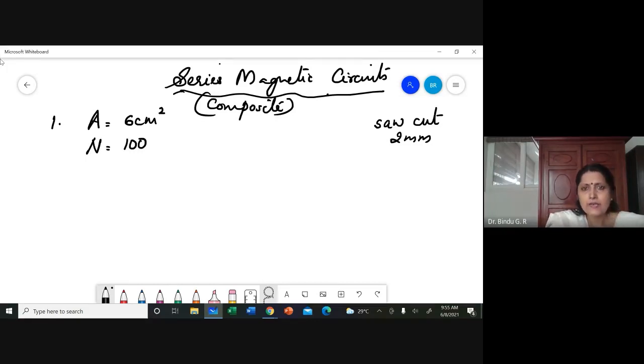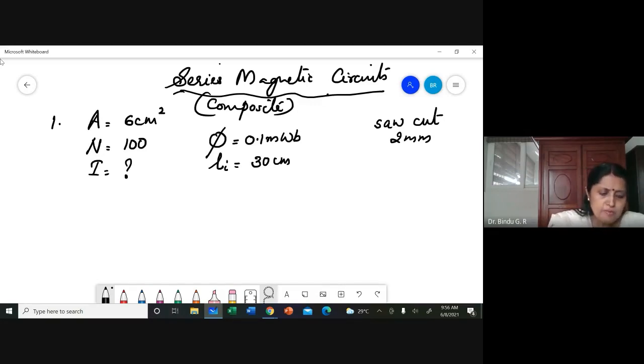Calculate the magnetizing current required to produce a flux of 0.1 milliweber if the mean length of the iron path is 30 centimeters.